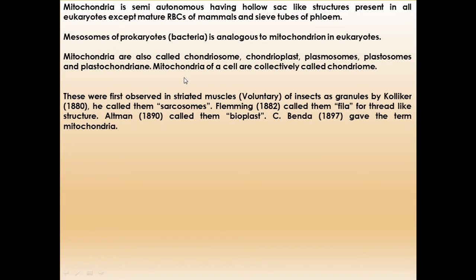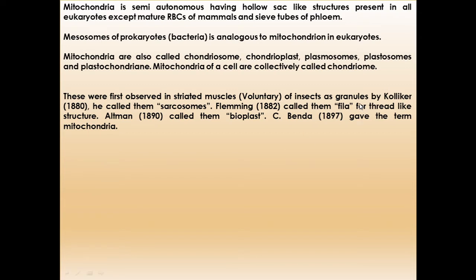The first person who observed mitochondria was Kolliker in 1880. He observed mitochondria in the striated muscles, our voluntary muscles, of insects. He observed mitochondria in granular form. The word chondrion means granule.